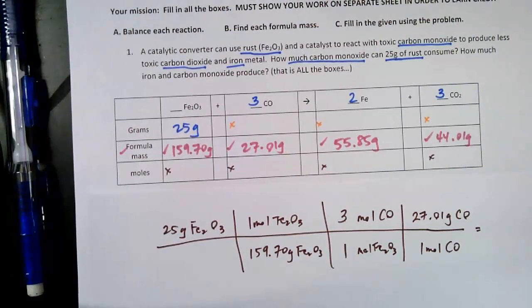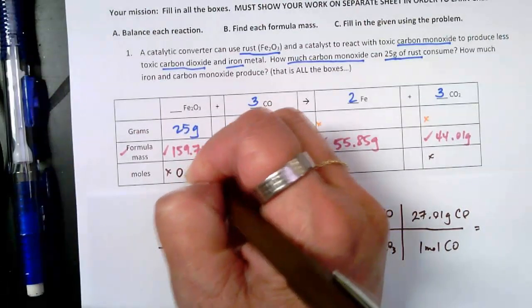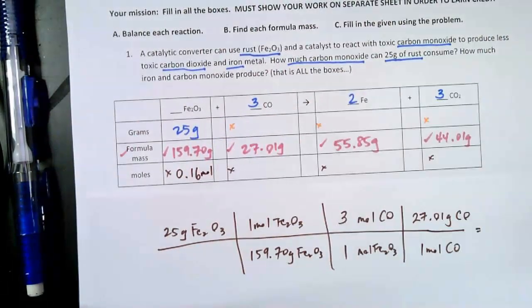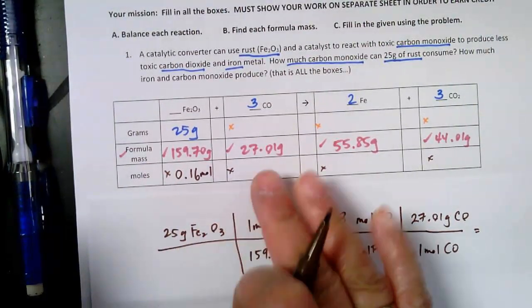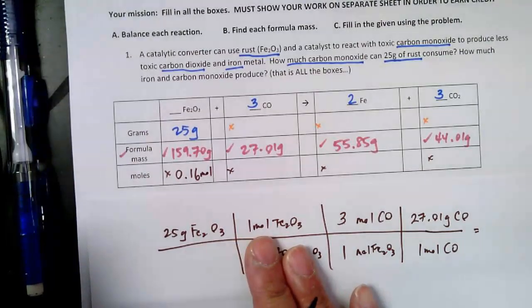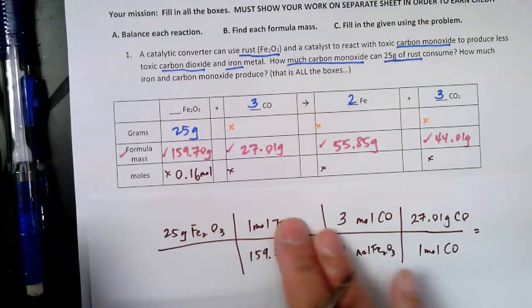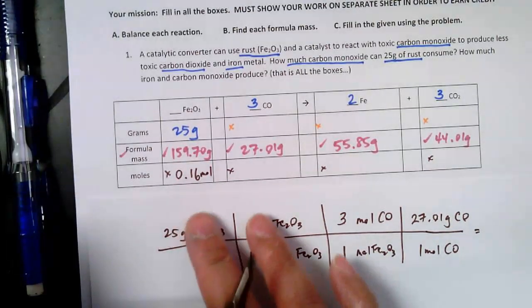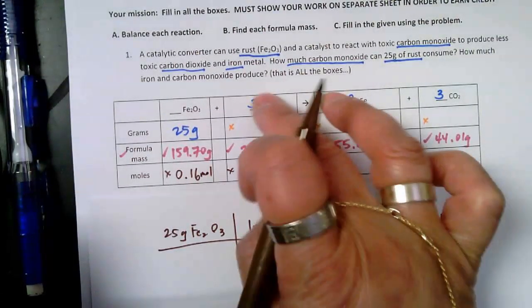So, let's get our calculator. 25 divided by 159.70 is 0.16 mole. Okay? So, I've already done this piece. Now, to do this piece, how many moles of carbon dioxide is this times this, which is this number.